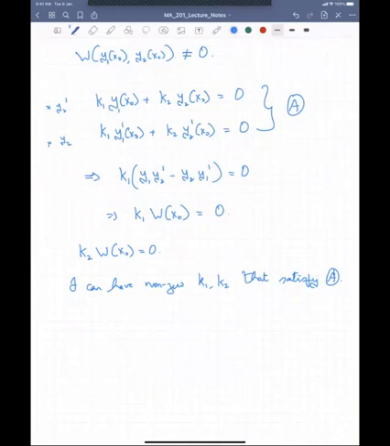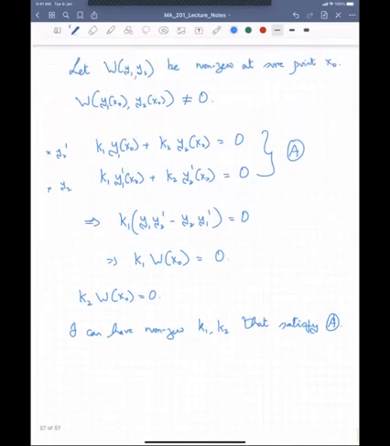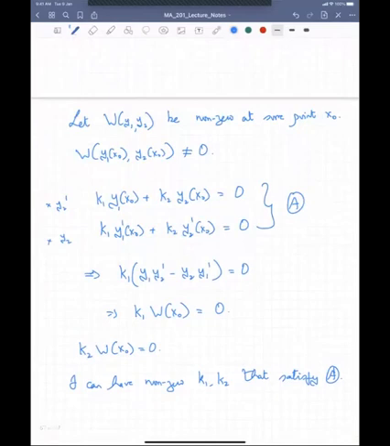Since W is non-zero, are there any questions or comments? So give me just a second.